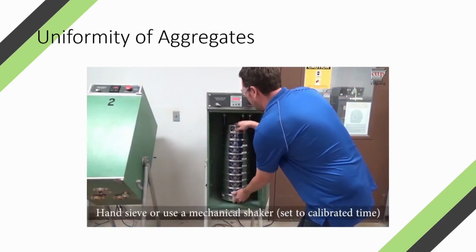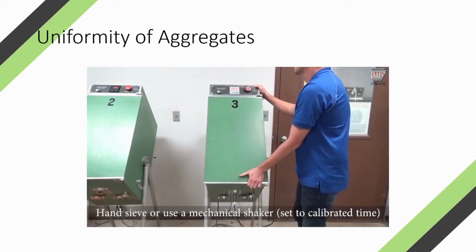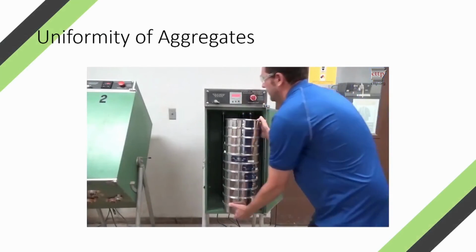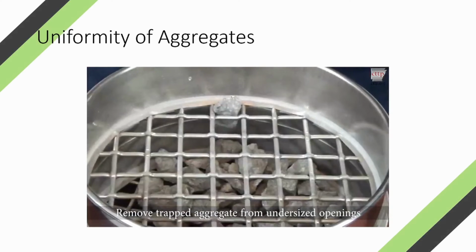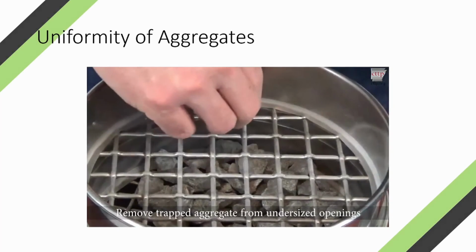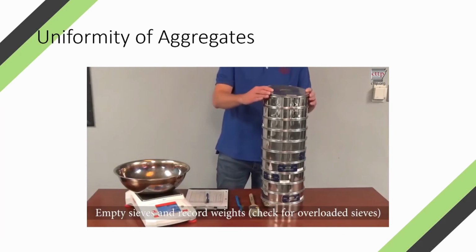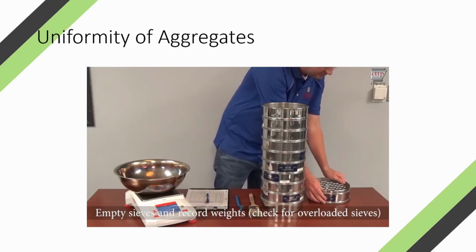Hand sieve the sample or use a mechanical shaker set to the calibrated time. After sieving, remove each sieve from the stack. Remove trapped aggregate from undersized openings. Empty each sieve and record the weight of material retained. During this process, check for overloaded sieves.